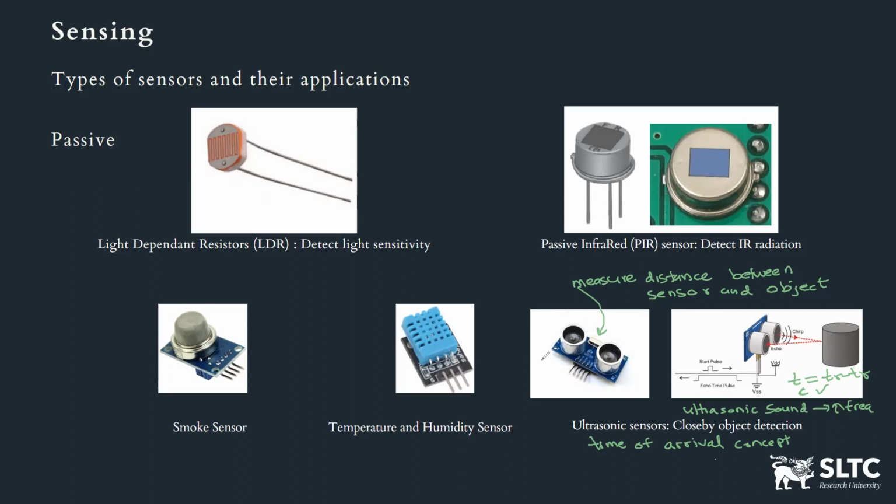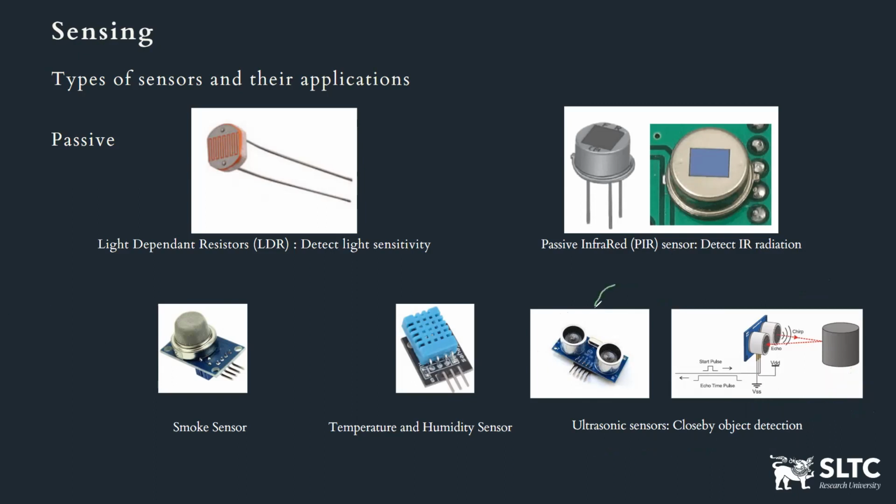So there's another sensor which is used to measure the distance, just like this. That is the IR sensors or IR distance sensors. IR distance sensors also can be used to measure distances.